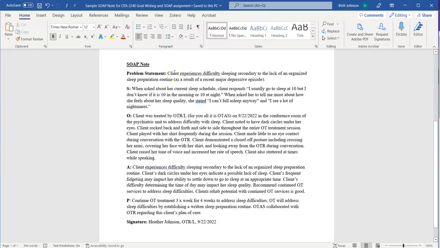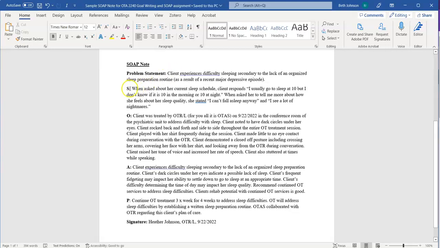However, you do want to make sure that in your problem statement the area of occupation or the functional deficit area is what you concentrate on. So you're not going to say something like client experiences depression as the problem statement, because you don't want to concentrate on the depression or the diagnosis or even the major symptoms of the diagnosis. You want to be looking at what's functionally impacted.